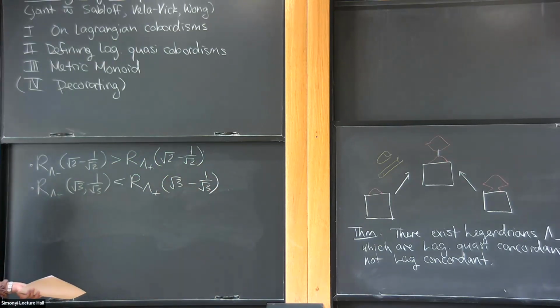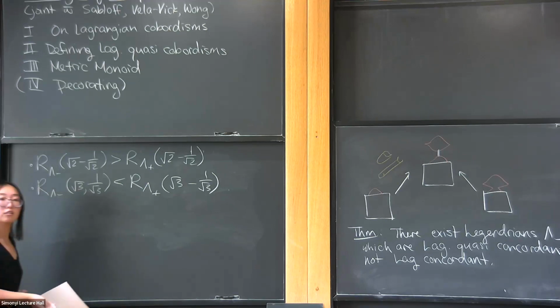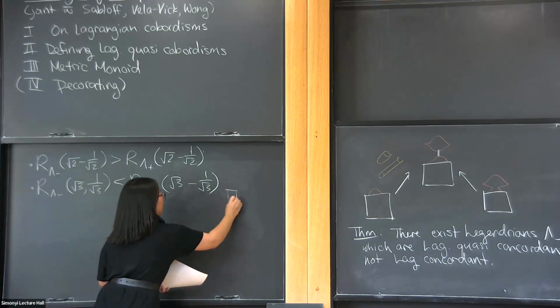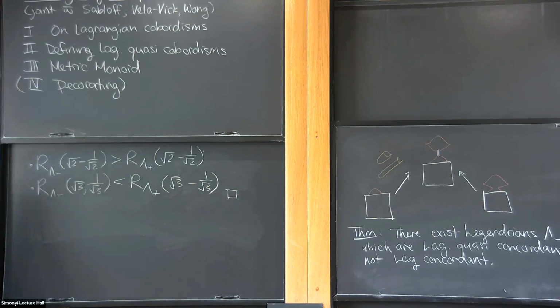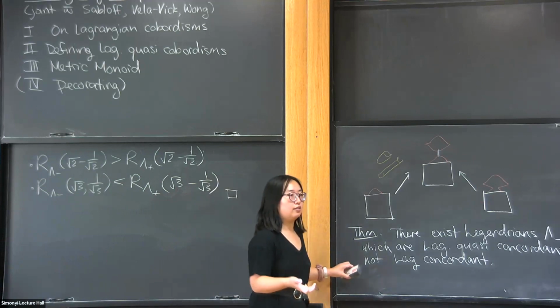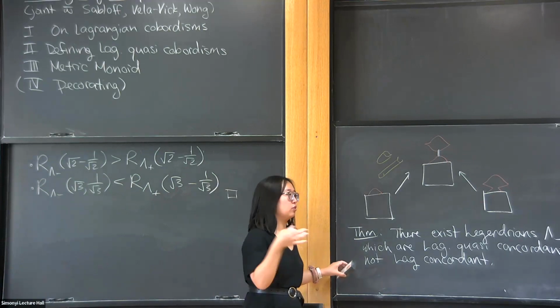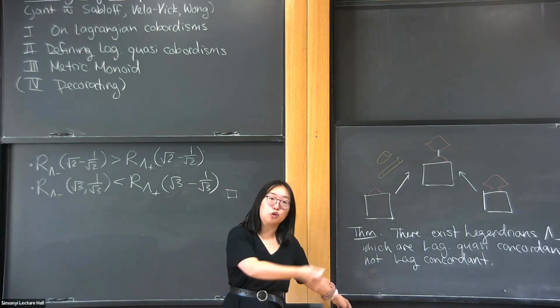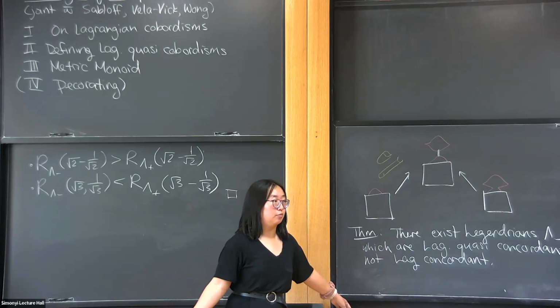So that means that they're not Lagrangian concordant, even though they're Lagrangian quasi-concordant. Okay. Great. So I do know then that this Lagrangian quasi-cobordism thing is sitting somewhere between smooth cobordism and Lagrangian cobordisms.